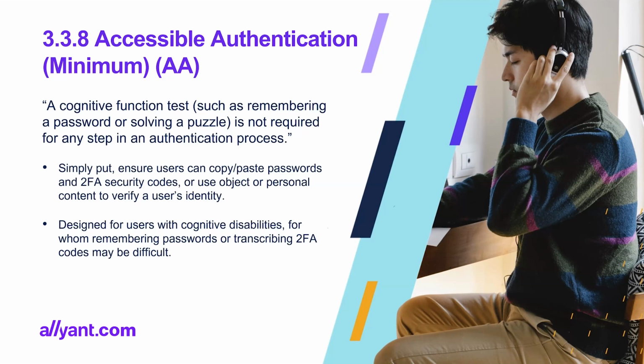They don't allow for that object-based approach. The argument being that users with more severe cognitive disabilities may particularly struggle remembering what object they picked, and being able to recognize it as their security image. So, but at the AA level, using objects or images like that is valid.